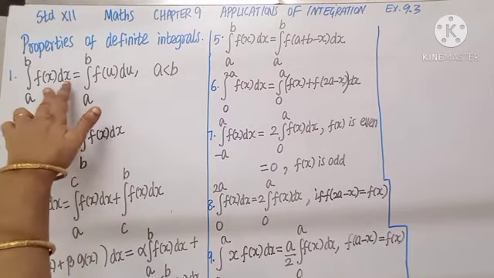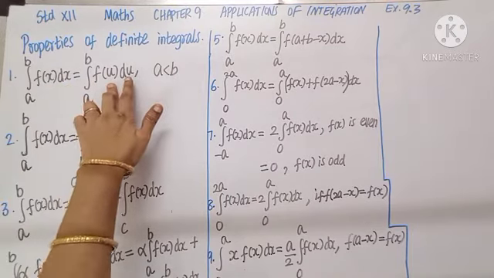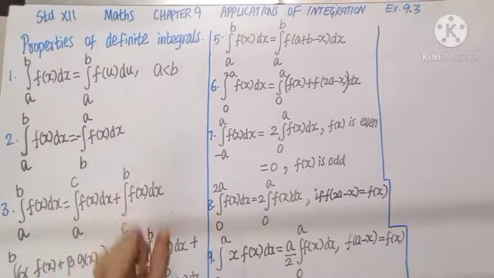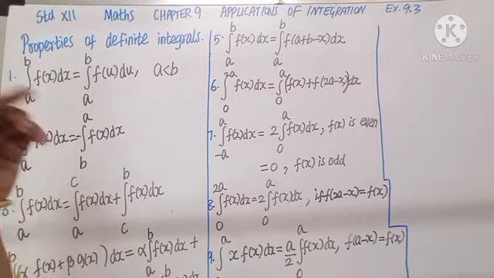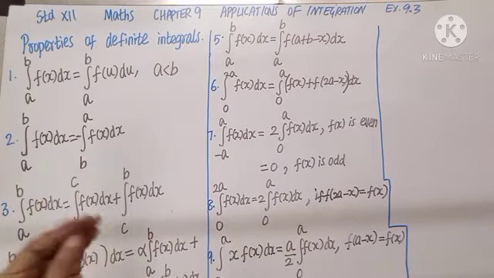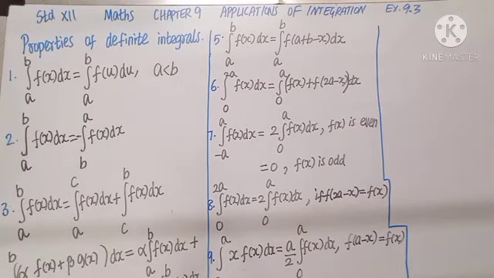Here I use x, here I use u. No other change. This tells us that in every integrand, I can change the variable. Instead of x, I can put u, I can put t, I can put y, depending on my need.